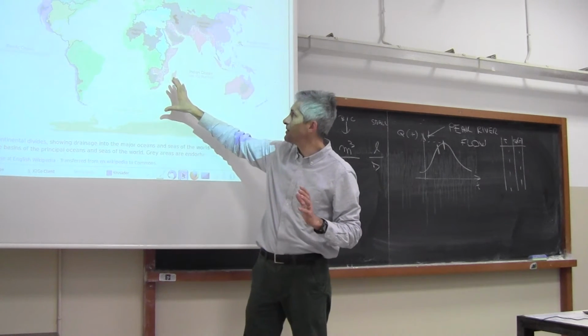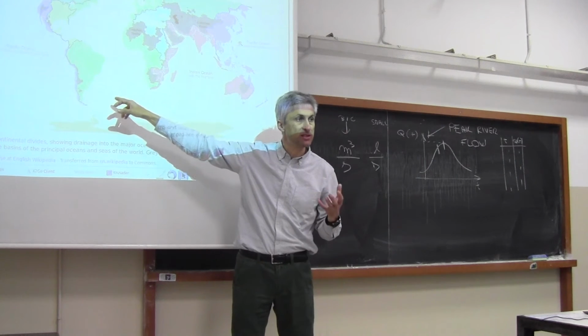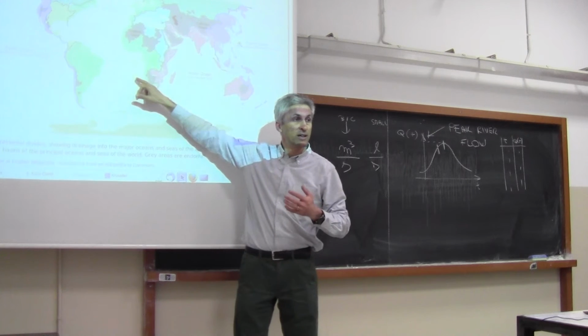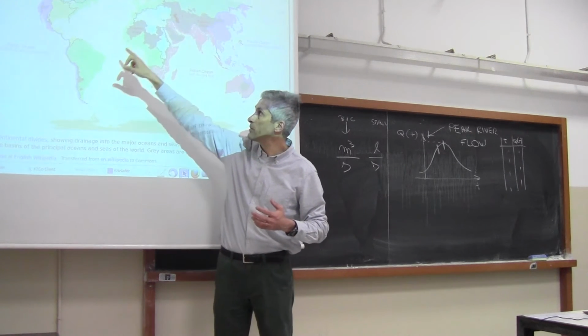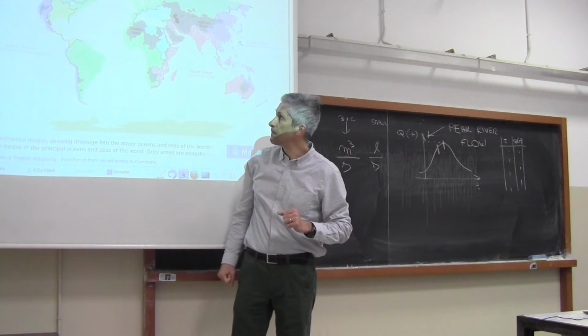Basically, with the same color, they identify the contributing catchments to the Atlantic Ocean. The Atlantic Ocean is written in green, and you see the contributing area to the Atlantic Ocean in green.